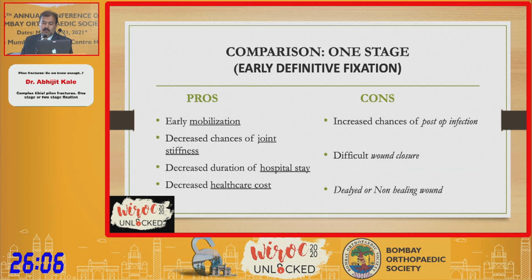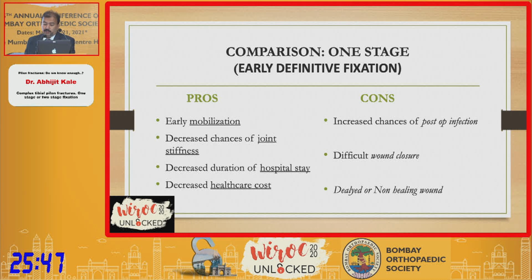Thus, if one assesses the pros and the cons of one stage, the advantages of doing a definitive fixation are that it helps in earlier mobilization, there are decreased chances of joint stiffness, the hospital stay goes down, and so does the cost. What are the disadvantages?